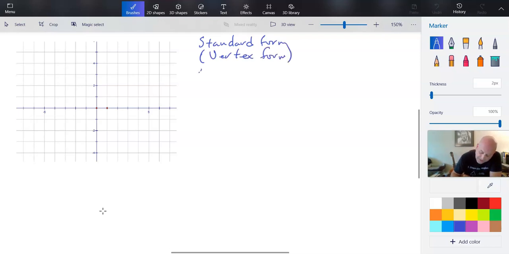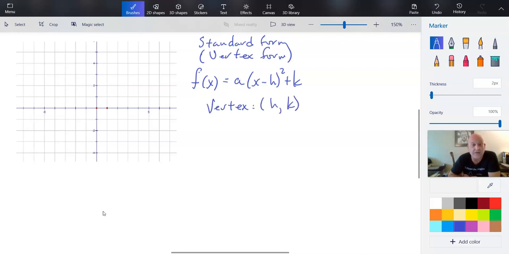And it looks like this. This looks like one of those functions that we transformed: f of x equals a times (x minus h) squared plus k. So this is the form that tells us the vertex, and it's called the vertex form. Now, although we're calling it standard form, it's often called the vertex form because the vertex is at the point (h, k). So you can nail down the vertex from that particular form.